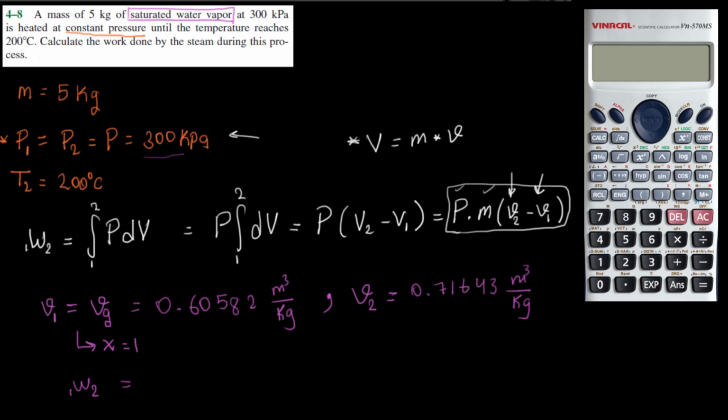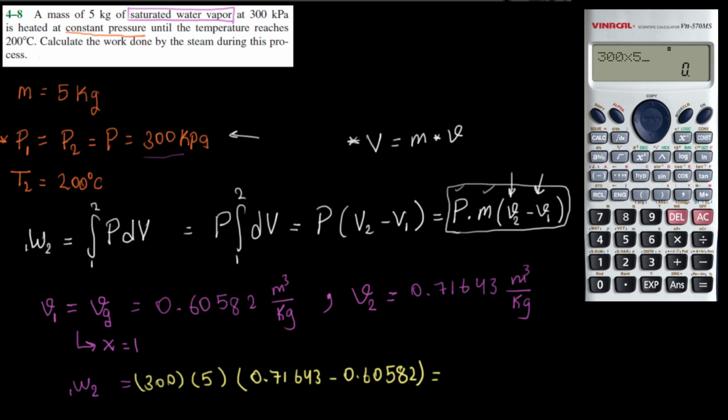Okay, so work from 1 to 2 is 300 kilopascals multiplied by 5 kilograms, V2, which is 0.71643 minus 0.60582. Okay, and this will equal to, let's go to the calculator and plug in the values.